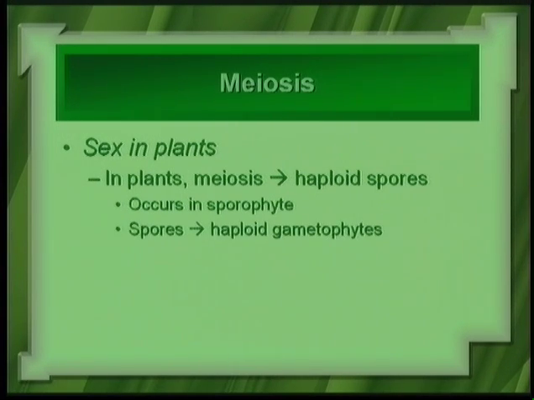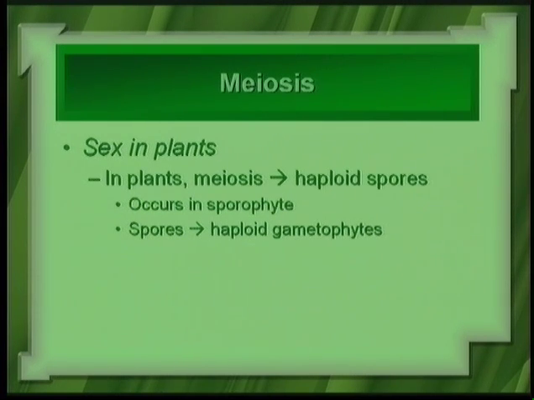The next thing that happens is that the spores will germinate to produce another plant. These plants are what we call haploid gametophytes. These gametophytes only have half the chromosome number of the sporophyte.